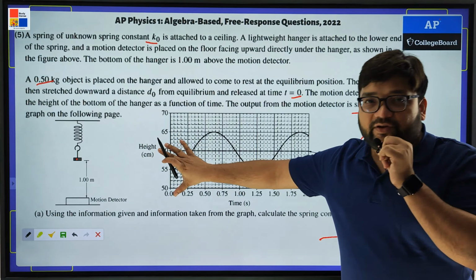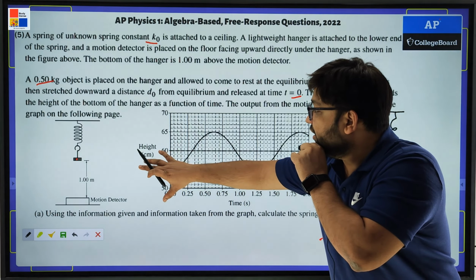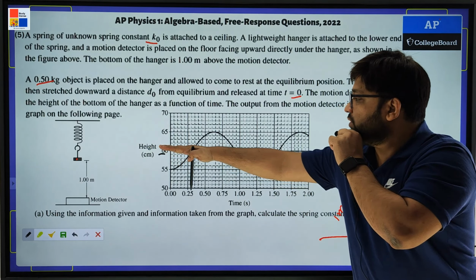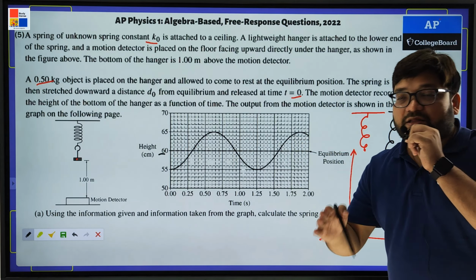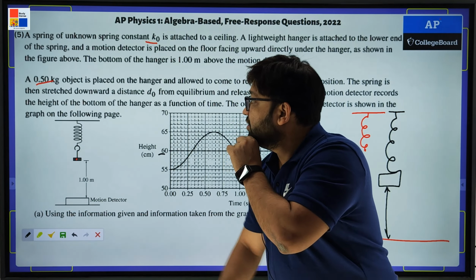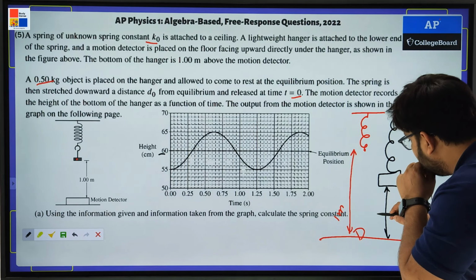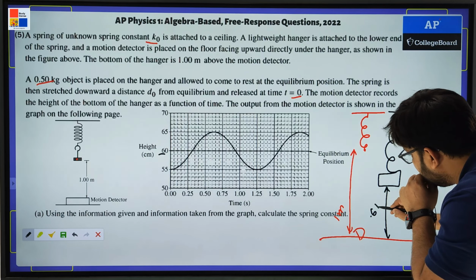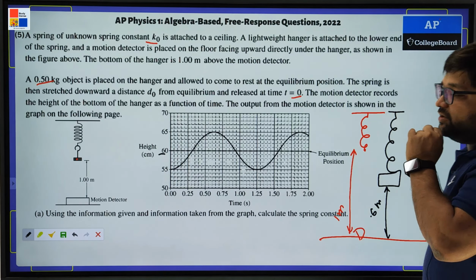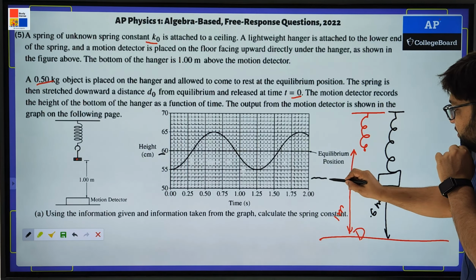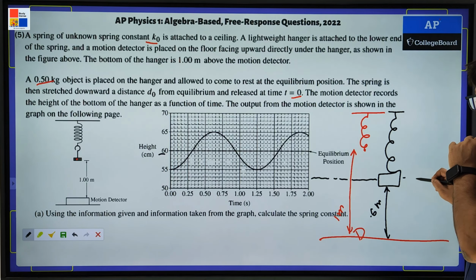And from the graph, it is clear that it is 60 centimeters, right? The equilibrium position here is at 60 centimeters from the ground, from the detector. So I can say this is 0.6 meter is the equilibrium level. So this here is the equilibrium level.